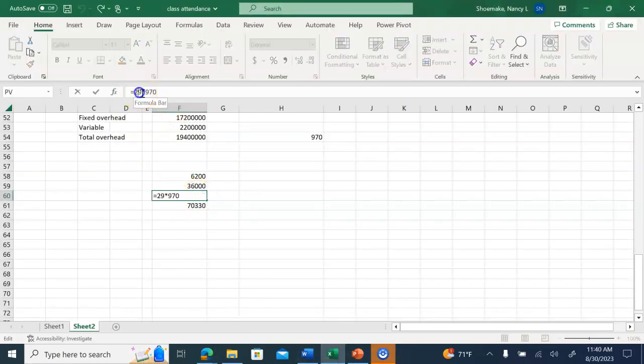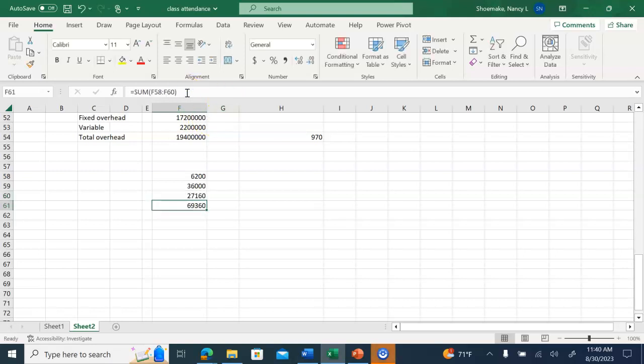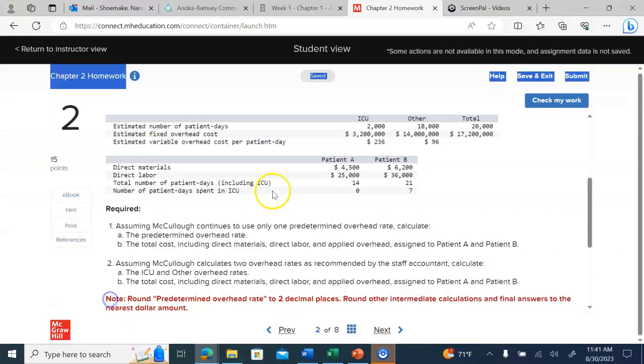So 28 days times 970. What am I doing wrong? 6,200, 36,000. They want us to do this, not use just the 21. I got to see what I'm doing wrong here.